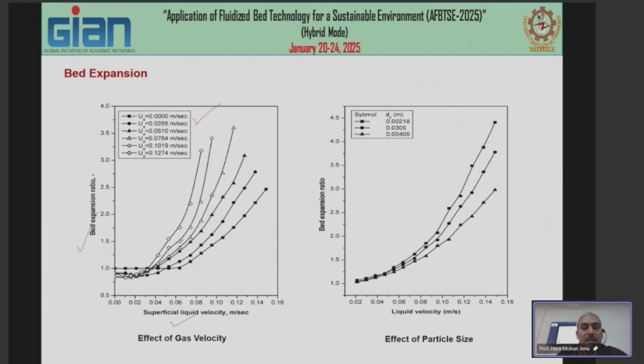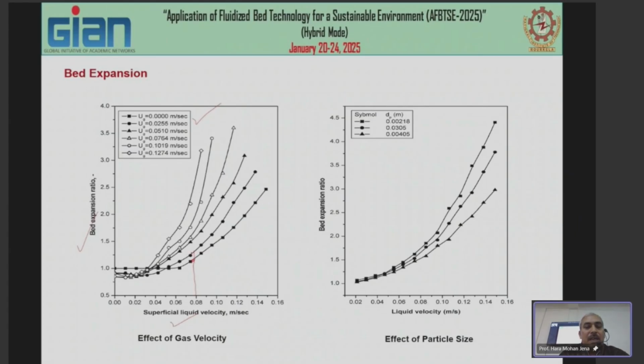As you see, with the increase in the gas velocity, the bed expansion increases. For the same liquid velocity, say 0.08 meter per second, for a liquid-solid bed in the absence of gas, this is the height of the bed, or the bed expansion ratio.